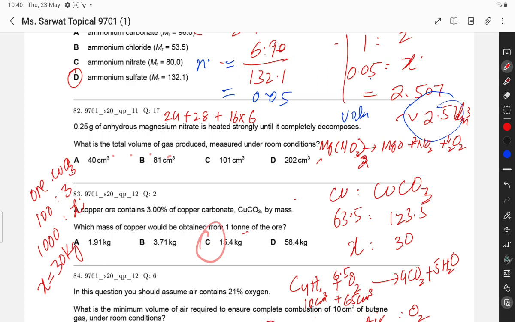So 0.25 divided by 148 is equal to 0.0016. This is the mole of magnesium nitrate.